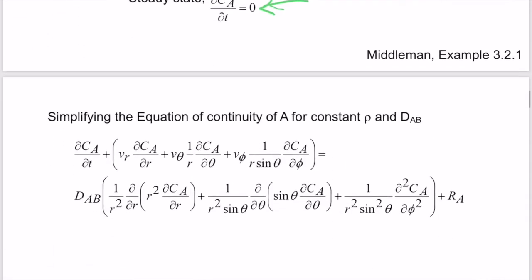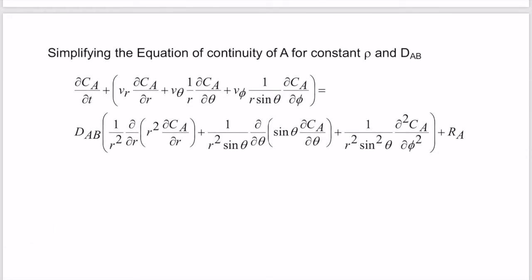So we come here and go to that lovely slide with the equation of continuity, and we're going to pick it up in the spherical coordinates. We know that it's steady state, so that is zero. We know that the velocity is zero everywhere, so all of these velocity components are zero, and so this entire left side is zero.